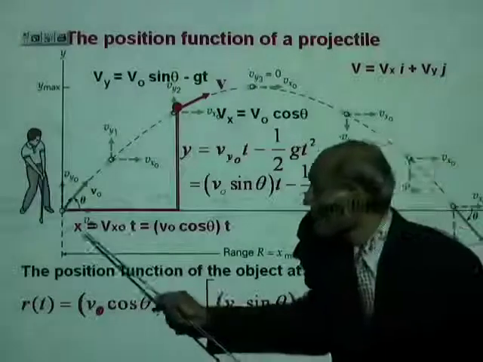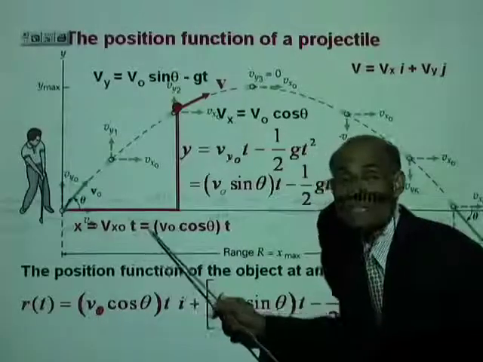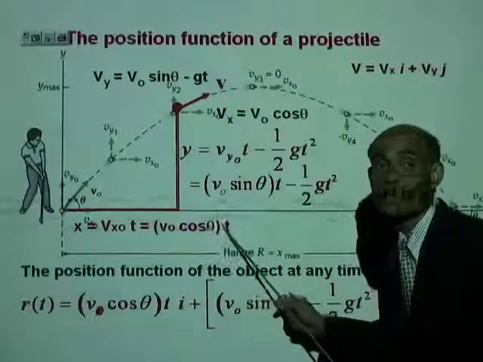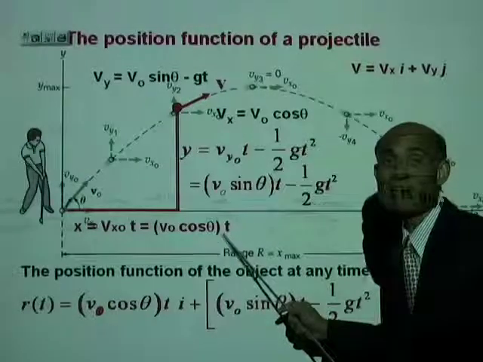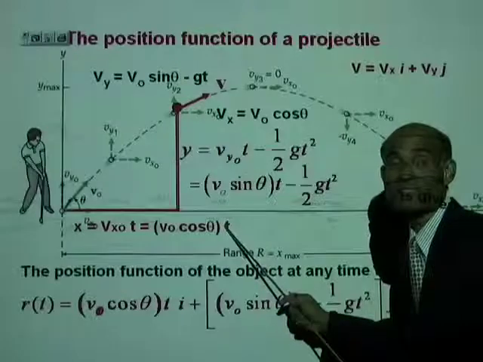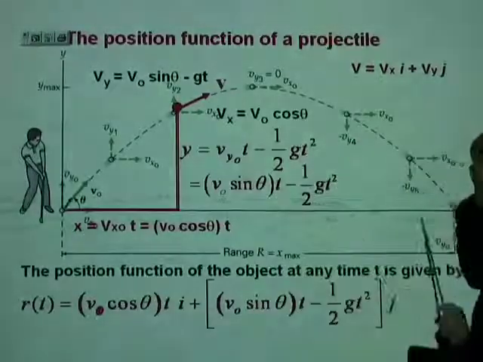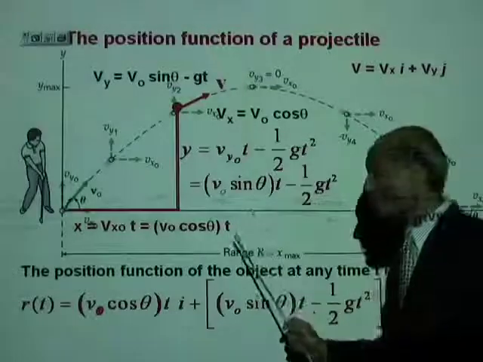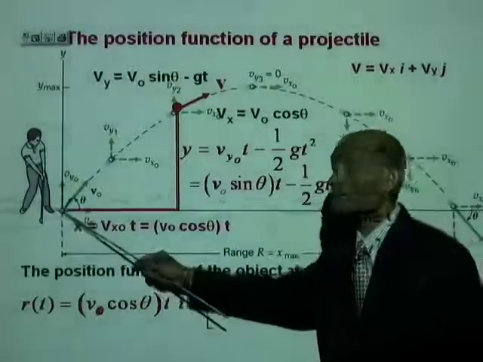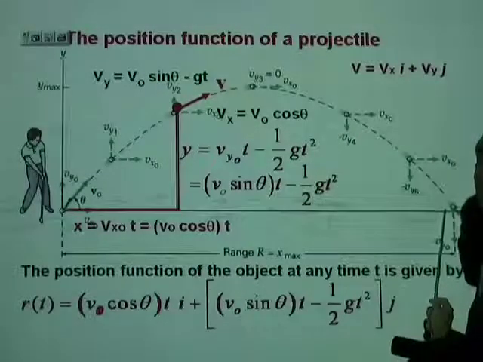Well, remember, x equal to Vx0 times t, V0 cos theta multiplied by t. When this t is the time of flight, then this x will be the range of the projectile. Is that right? When this t is the time of flight, the projectile has come back to the same horizontal level.